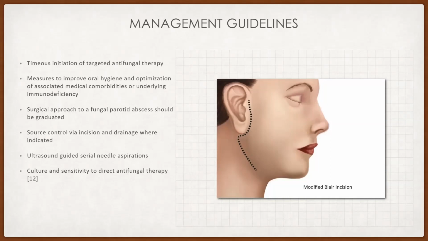Culture and sensitivity to direct antifungal therapy is of utmost importance. Open surgery is not without risk, as it may commit a medically fragile patient to general anesthetic and may further be complicated by facial nerve injury or wound complications, including a cosmetically undesirable outcome.